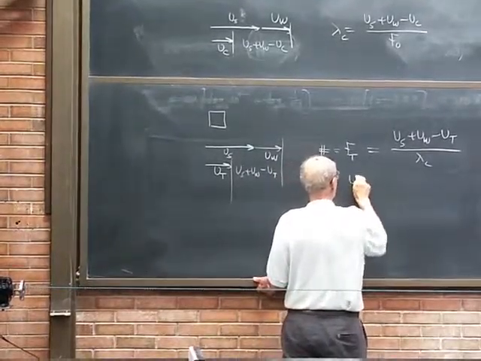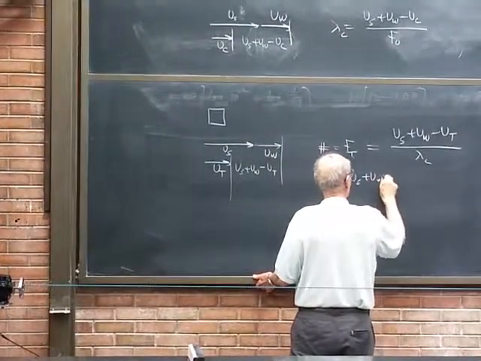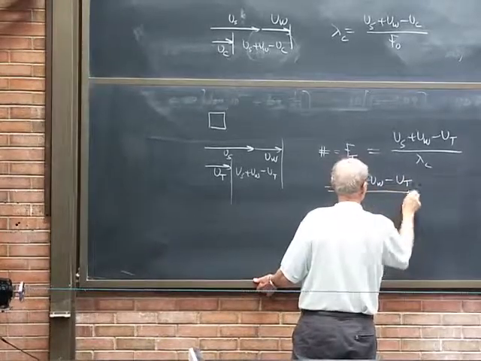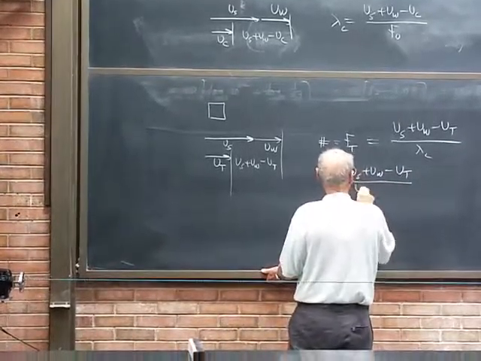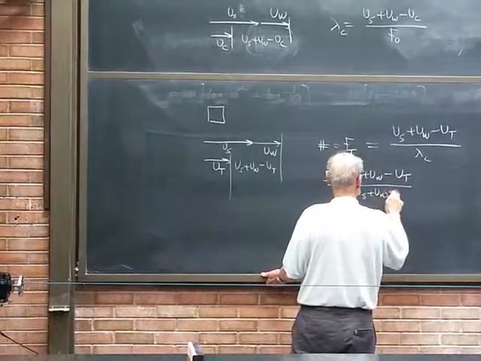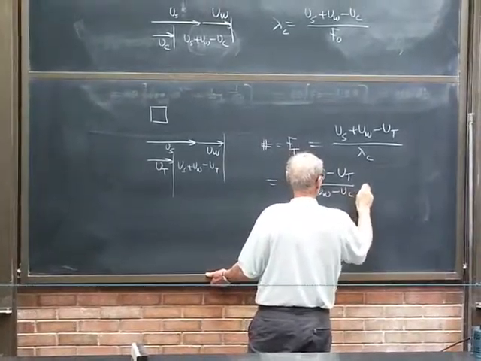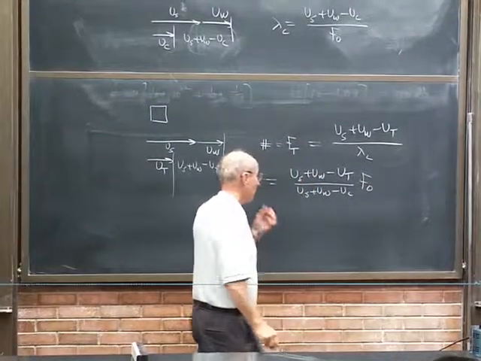And so it is Vs plus Vw minus Vt, divided by Vs plus Vw minus Vc, times f0.